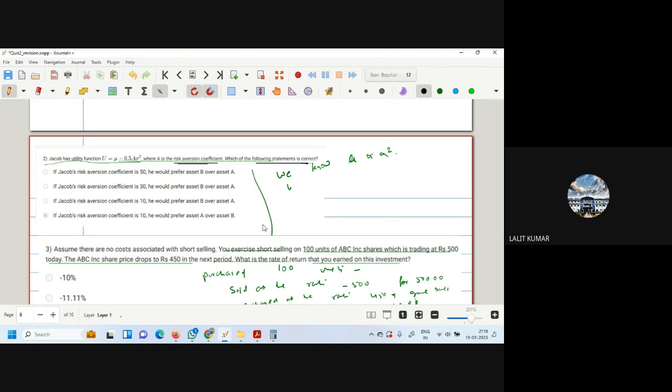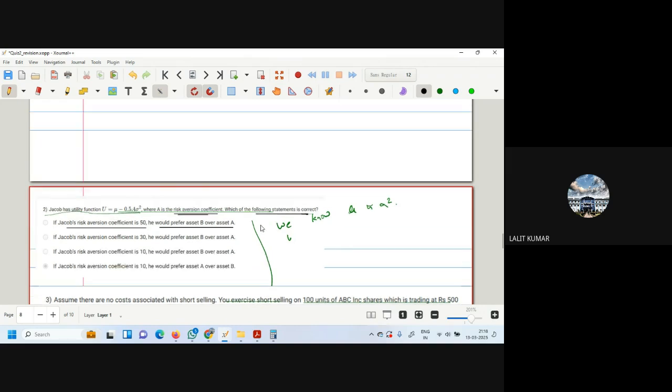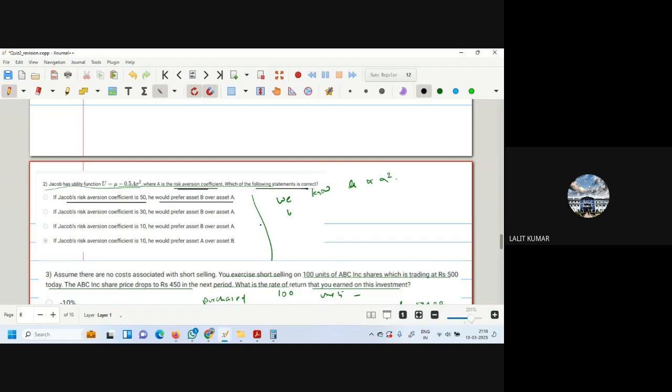So Jacob has a utility function of this, where A is the risk aversion coefficient. Now, which of the following statements is correct? If Jacob's risk aversion coefficient is 50, he would prefer asset A over B. Again, what we do is we know the mu and sigma squared for A and B, and you fit them into this utility function with the different combinations like 50, 30.